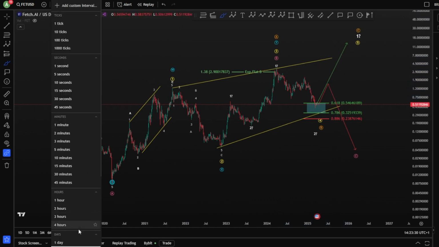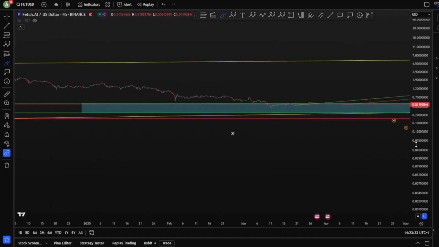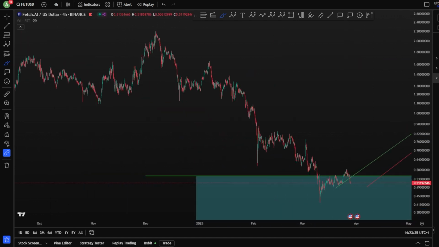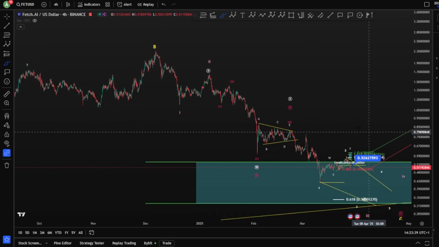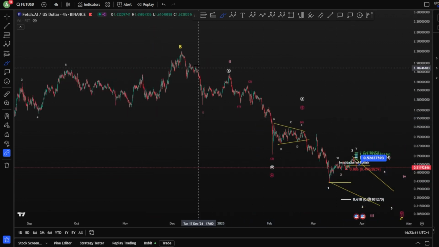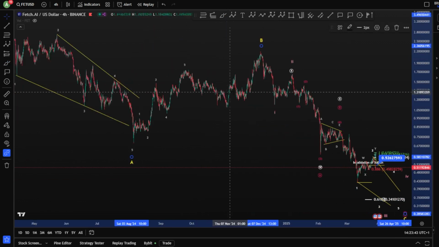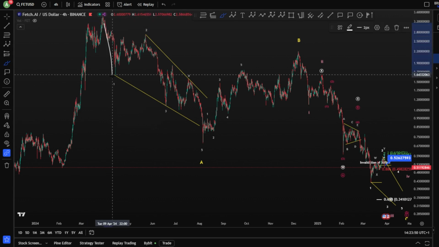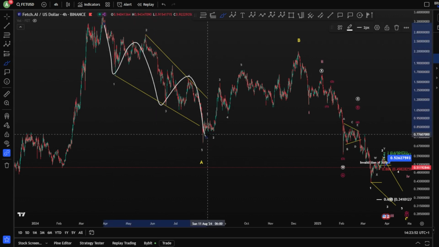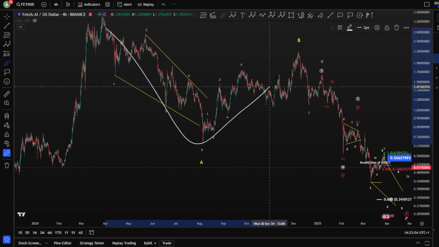If we dive inside it on the 4-hour chart, we can see in this move toward the downside we have several scenarios. In this move we are looking for the wave B, because you already have a wave A, and then B and a C. Now your wave A looks like a leading diagonal 1, 2, 3, 4, 5, opening the scenario for a 1, 2.